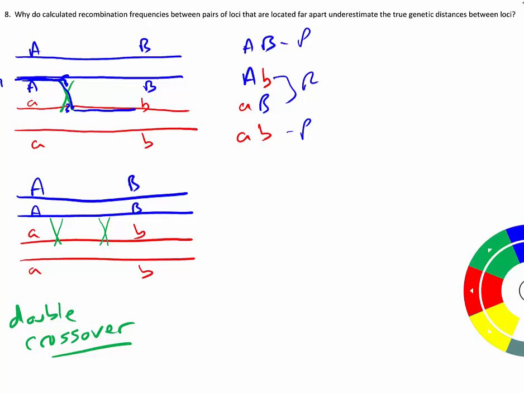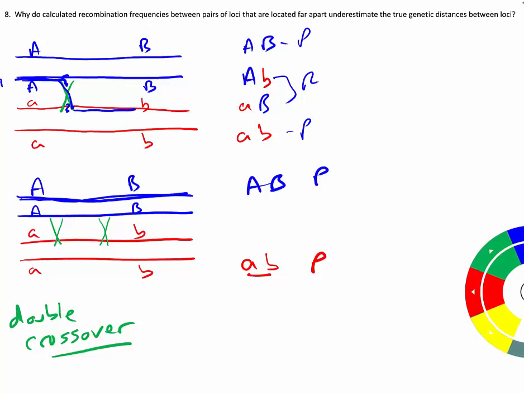But if you get this kind of double crossover, what happens is you get this one, which is a parental. You get this one down the bottom, and that's also a parental. And that's because whatever genes start out together, if they stay together after recombination, then they're called parentals.